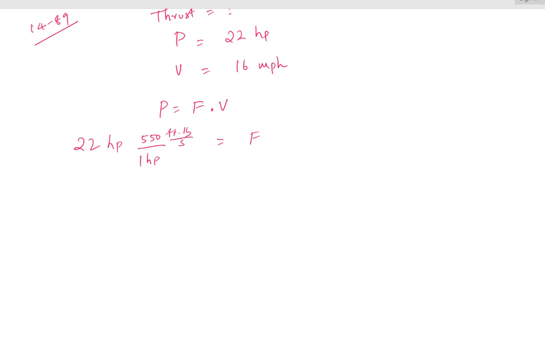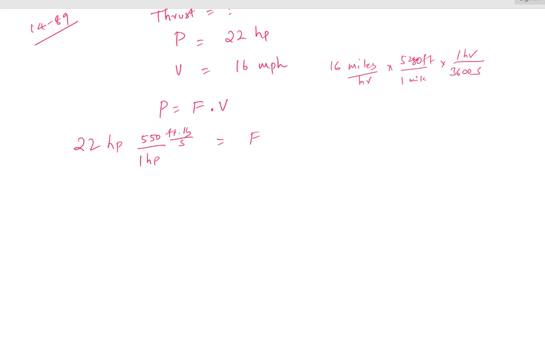We need to find the thrust. Velocity is 16 miles per hour. Convert 16 miles per hour times 1 mile is 5280 feet times 1 hour is 3600 seconds.